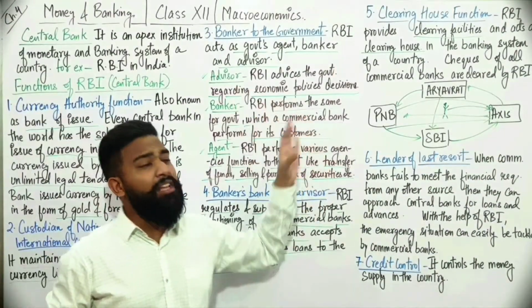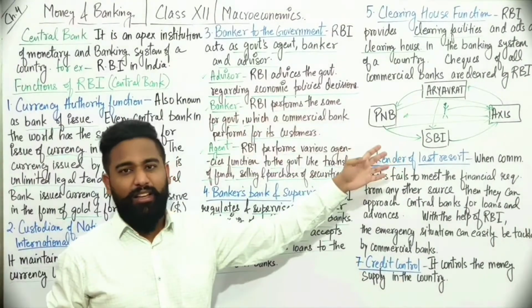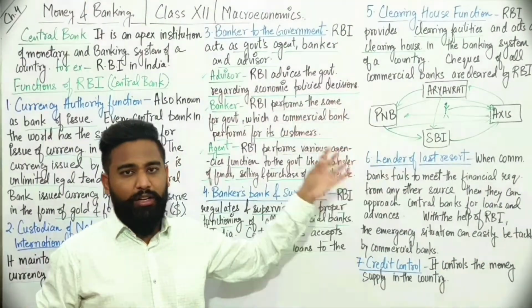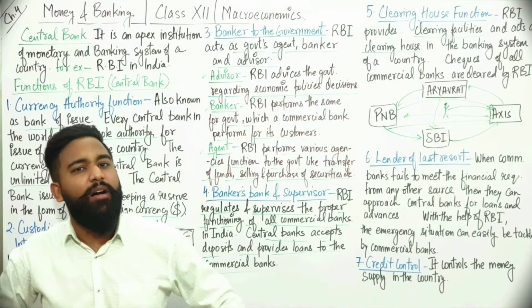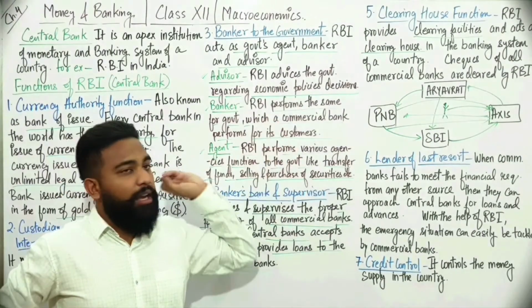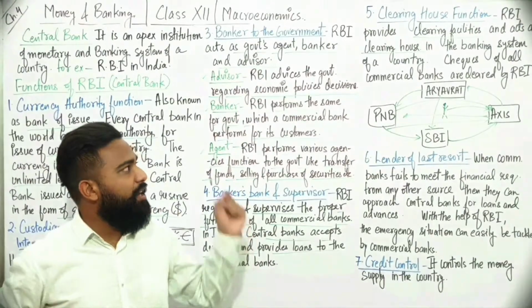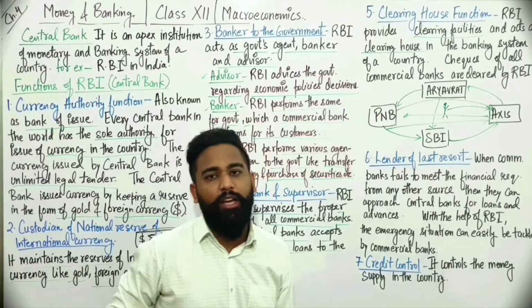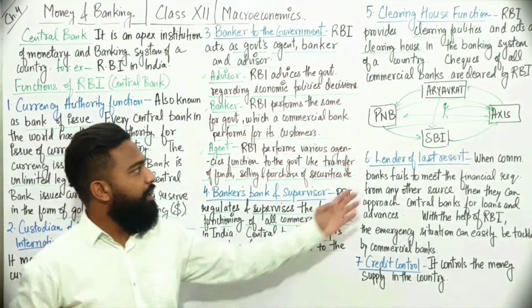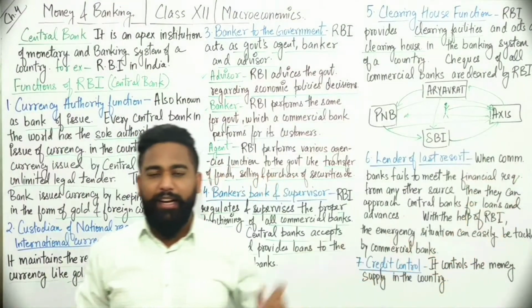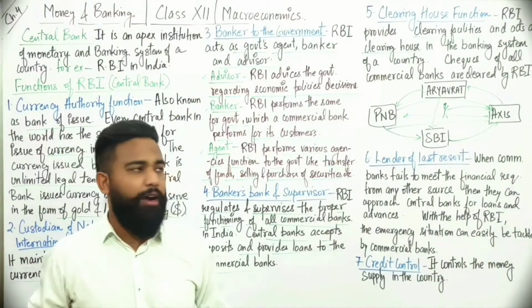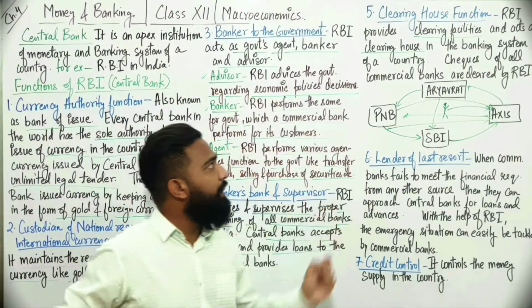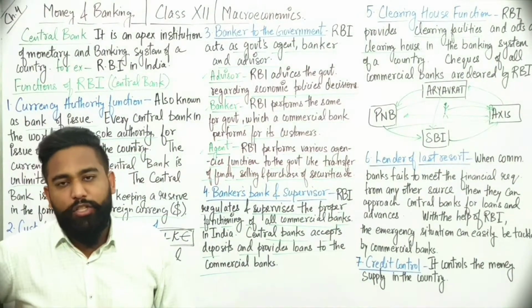Now, in this mess, with lots of disturbance and confusion, the RBI comes up as the clearing house. RBI clears all the checks of the commercial banks. When these banks fight among themselves, RBI comes forward and clears all the checks.